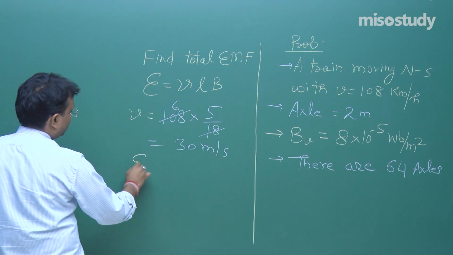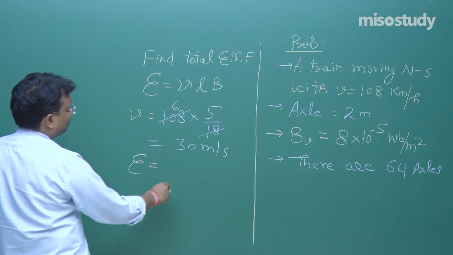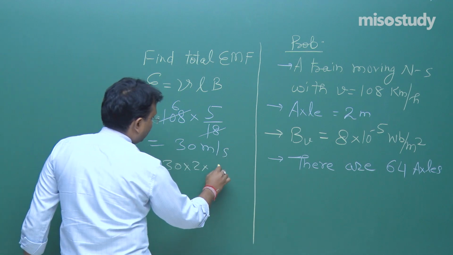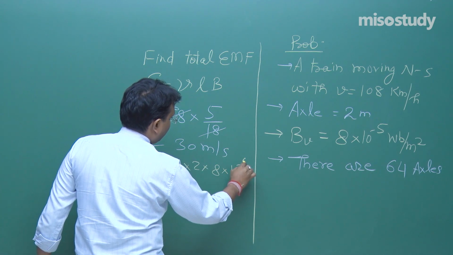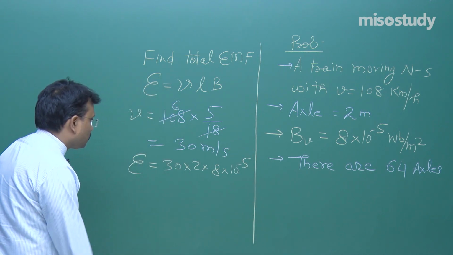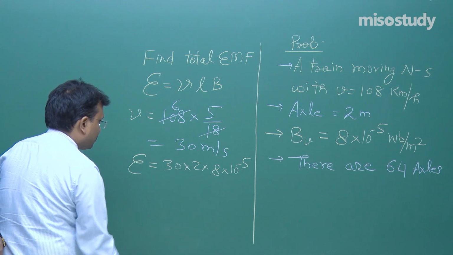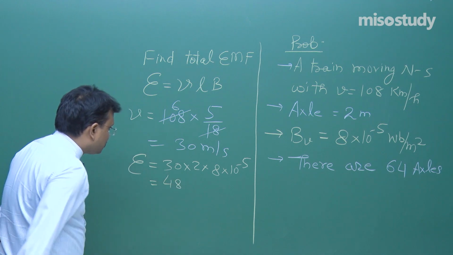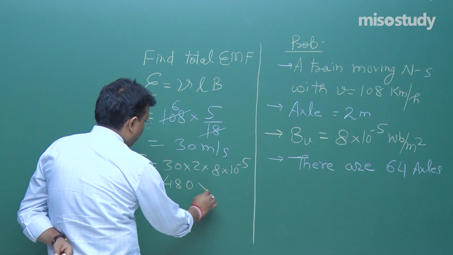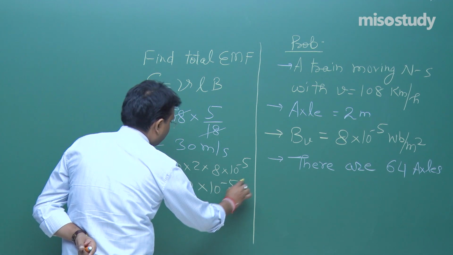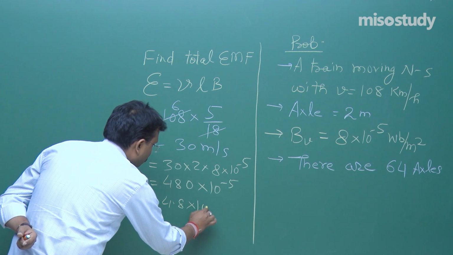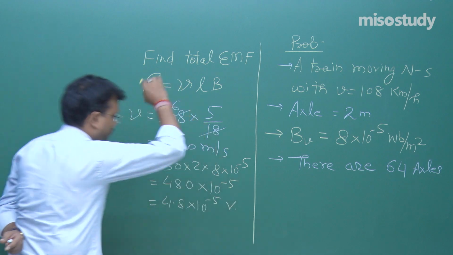Okay. So, the induced EMF on a single axle is 30 into 2 into 8 into 10 to the power minus 5. So, how much is it going to be? 8 twos are 16, 16 threes are 48, 48 and 0 into 10 to the power minus 5, or you can say 4.8 into 10 to the power minus 5 volt.